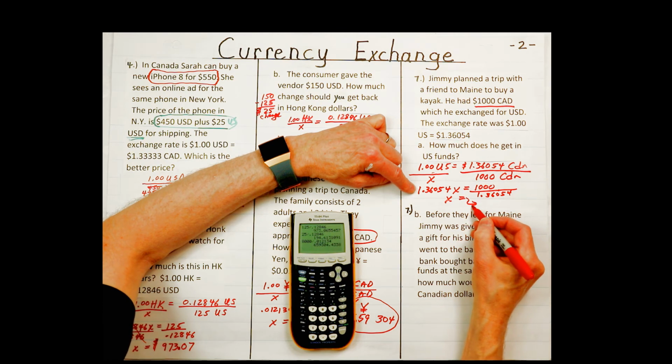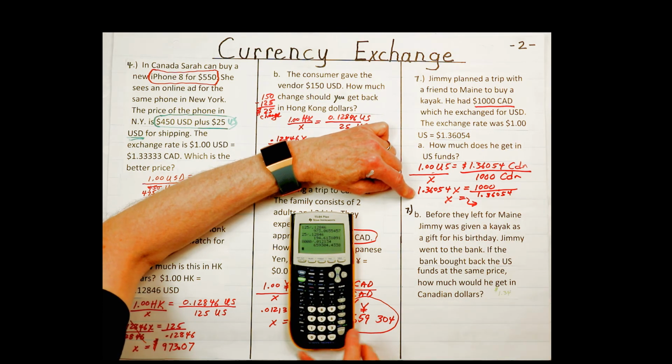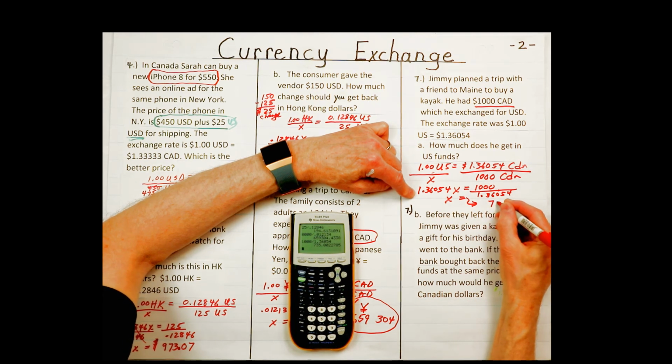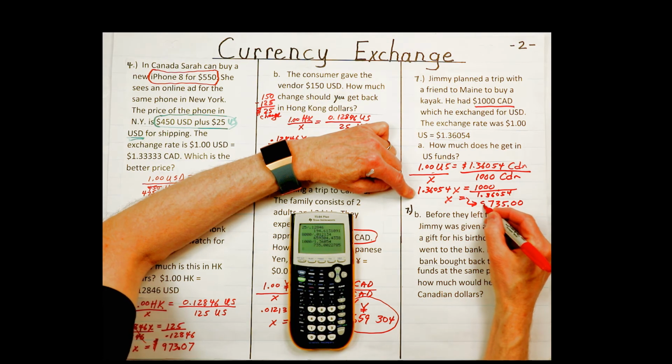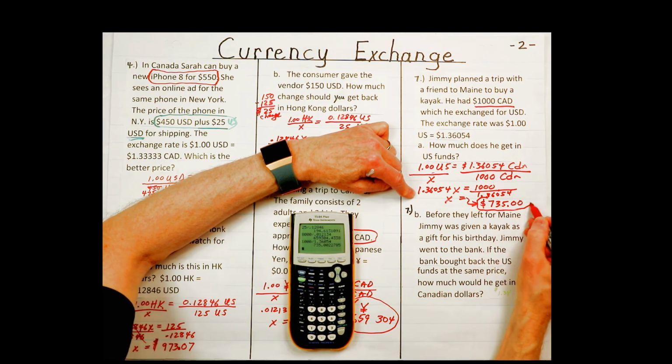So how much does he get in US funds? 1,000 divided by 1.36054. Which is $735 even. There it is.